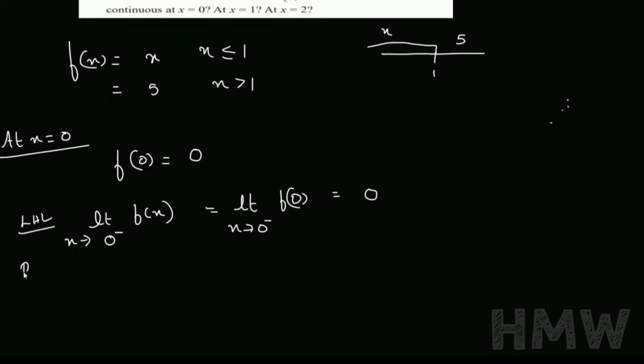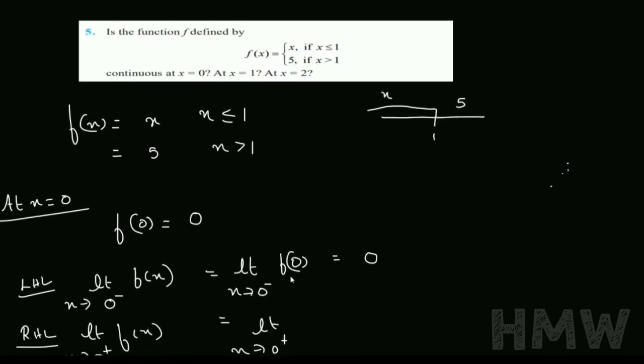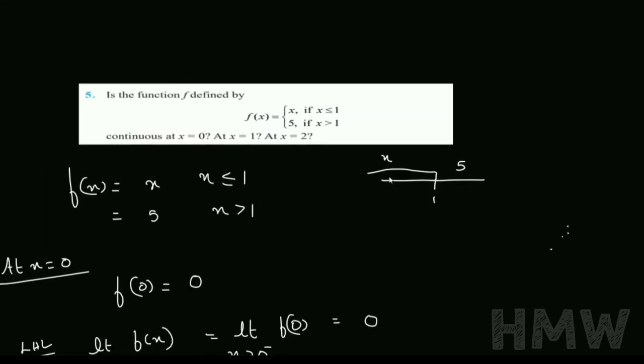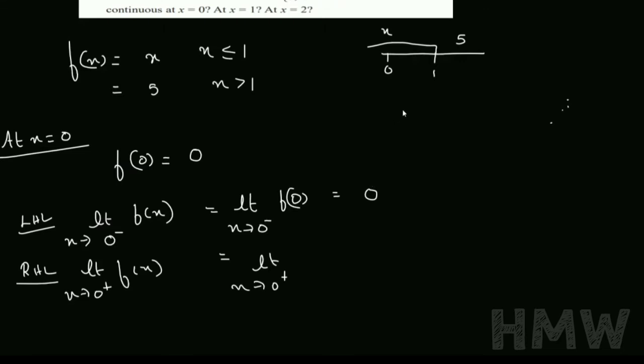Now we will see the right hand limit. So what is the right hand limit? Limit x tends to 0 plus of f of x. Right of 0 means very close to 0. It will not cross this 1. 0.00001, something like that. So once again, 0 plus is also very close to 0 and it is left of 1.